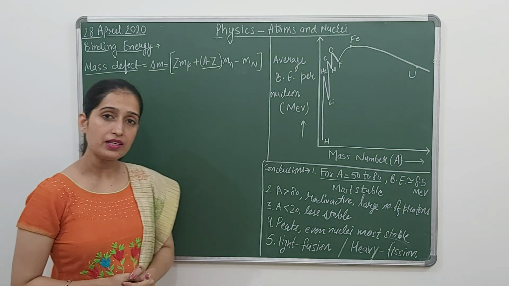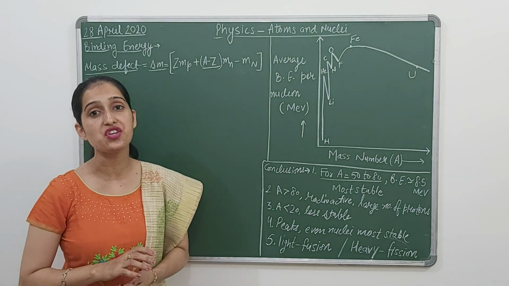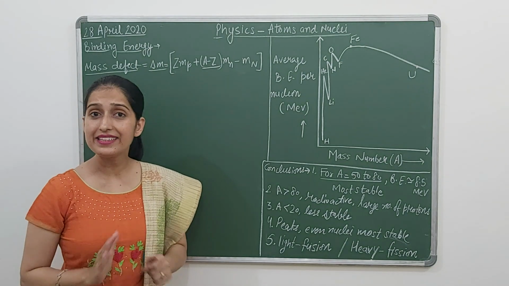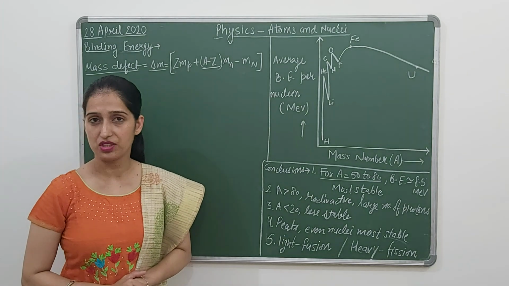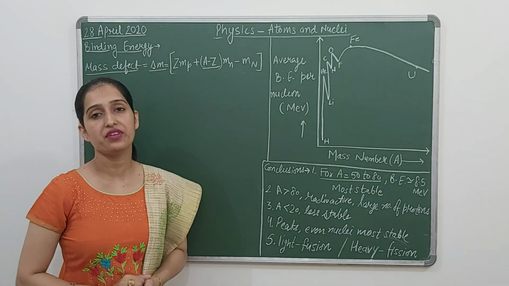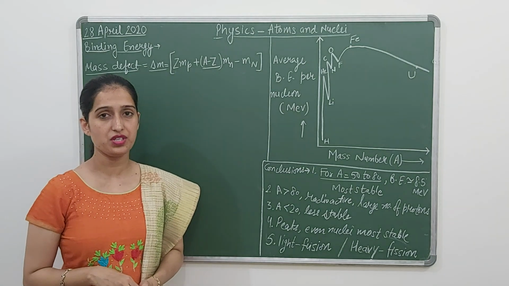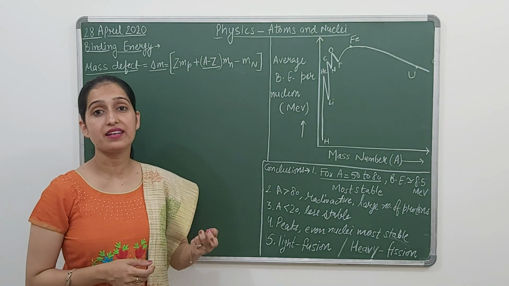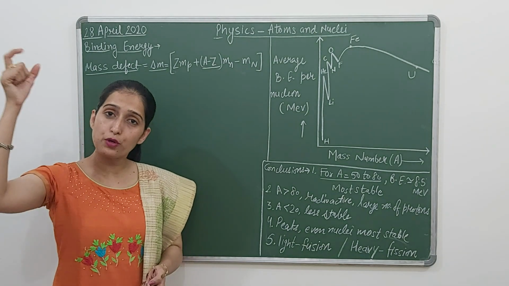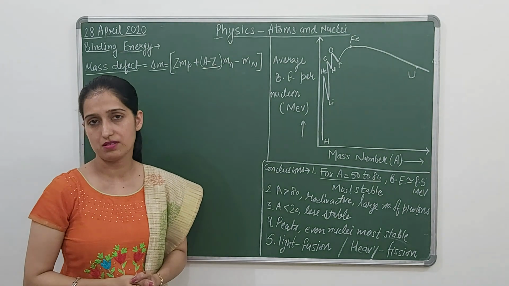This means that in a nucleus, protons and neutrons are bound with each other. To make them separate, to make them far apart from each other, the minimum amount of energy required is known as binding energy. And this is the same energy which was released when we bring protons and neutrons together and make a nucleus.